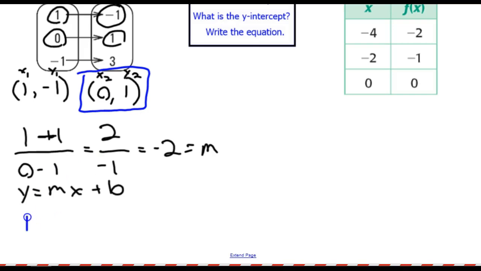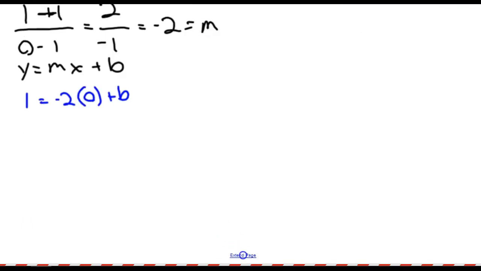Our y is going to be 1 equals m, which we found to be negative 2, times 0, which is our x, plus b. Now this one's easy. Negative 2 times 0 is 0, so we don't need that anymore. What we're left with is 1 equals b, or b equals 1. So our equation then is y equals negative 2x plus 1.